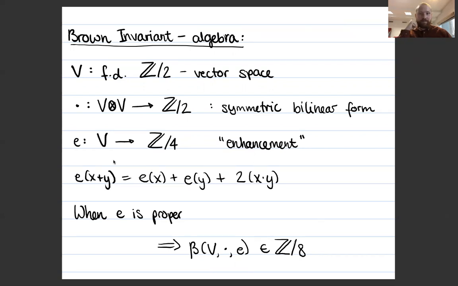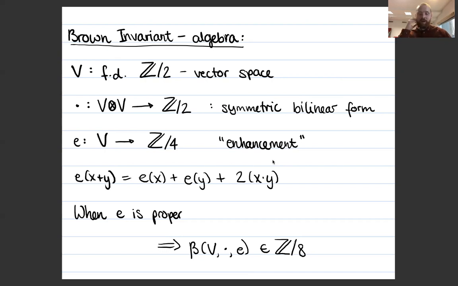You have a finite dimensional Z2 vector space, a symmetric bilinear form, and we now talk about enhancements to this bilinear form. So you should maybe think V is H1 of RP2, and then you won't have any quadratic enhancements as we had before, but you will have these new kinds of enhancements. These are Z4 valued functions on your vector space that satisfy this condition here.